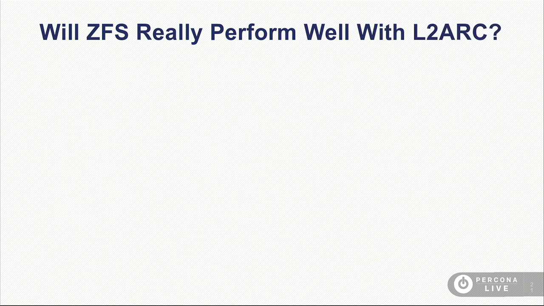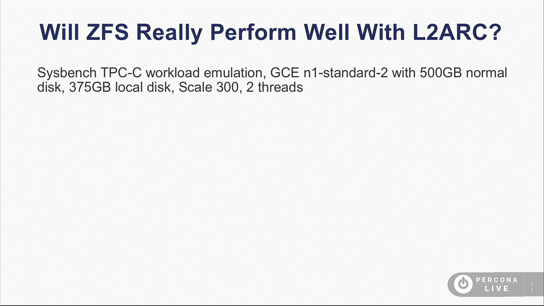So what if we add an L2 arc? Same case, but here I'm using a 500 gig normal disk, so it's spinners. So the latency is very high. We're talking about 8 to 10 milliseconds of latency for an IOP. And there's an ephemeral drive.